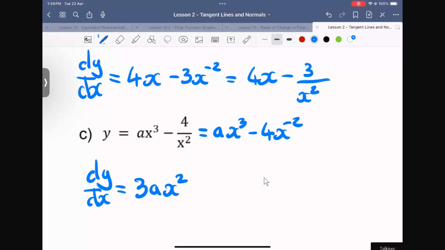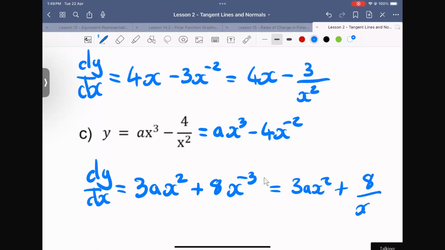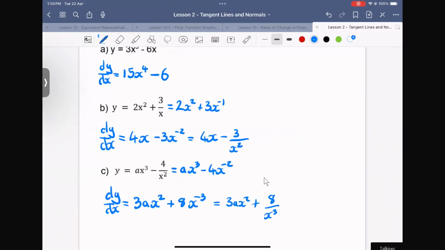Minus 2 times minus 4 gives plus 8 x to the minus 3. And then we shall rewrite that as 3ax squared plus 8 over x cubed. That's the extent of the derivatives that we need to know.